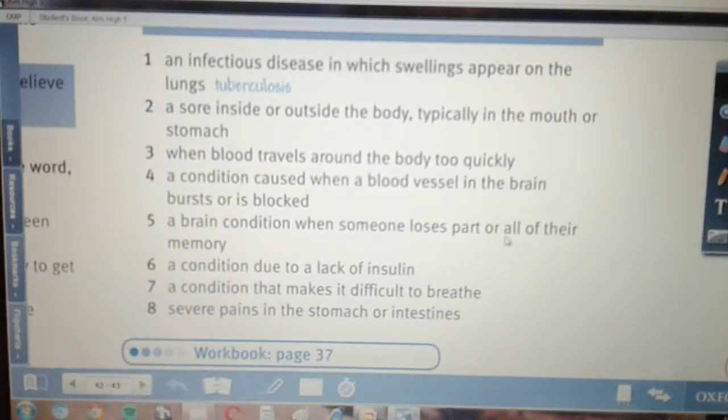A condition caused when a blood vessel in the brain bursts or is blocked. This condition is called stroke. Okay, number 5.